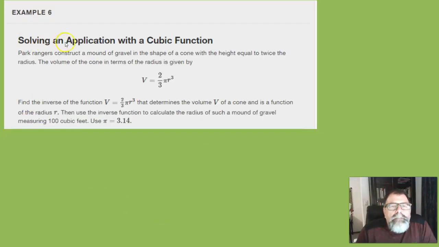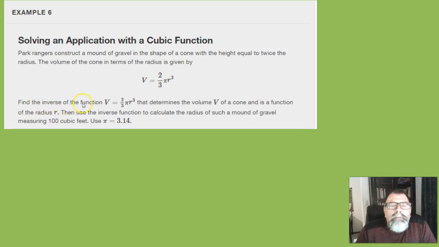All right, example 6, solve an application with a cubic function. Park rangers construct a mound of gravel in the shape of a cone with the height equal to twice the radius. The volume of the cone in terms of radius is given by this formula. V equals 2/3 pi r cubed.